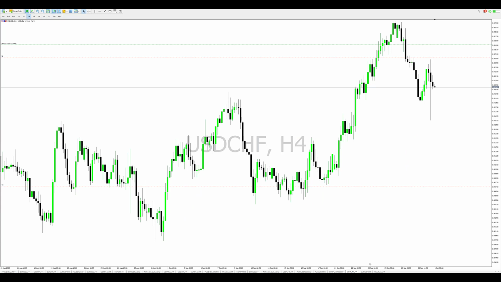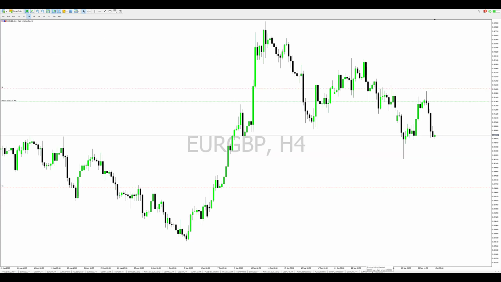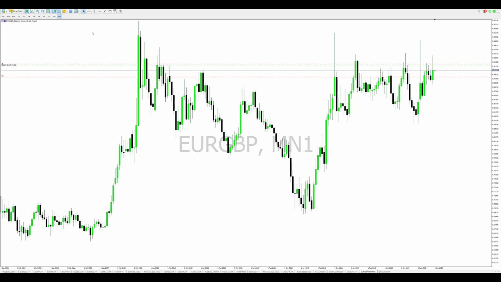So now the second trade that I took was EURGBP, and to the guys in the group, you clearly know the price point that I mentioned in regards to EURGBP. It was the 0.91360 price point.